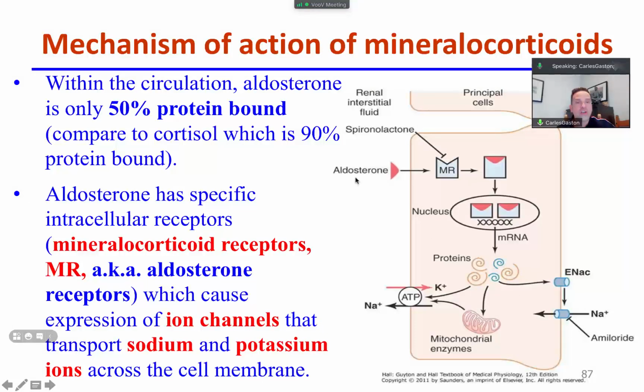Aldosterone goes through the membrane, finds the mineralocorticoid receptor, which then binds to it, then goes to the nucleus, and then into the mRNA, and from the mRNA produces proteins, which mainly are the ATP sodium potassium channels, and also in the membrane, so there is a reabsorption of sodium and potassium.